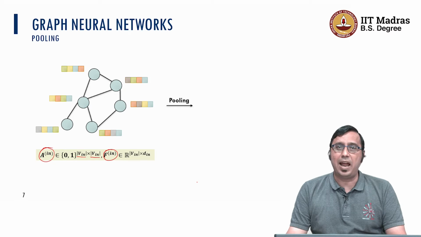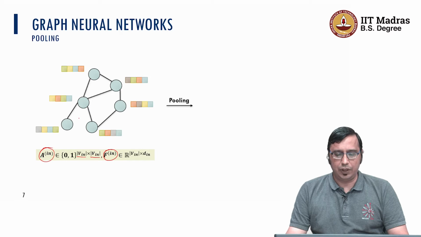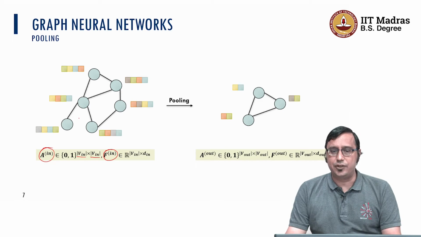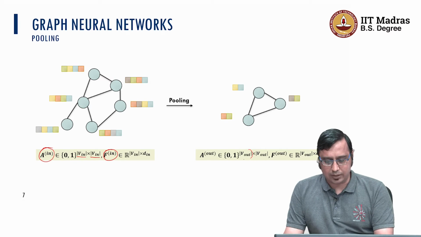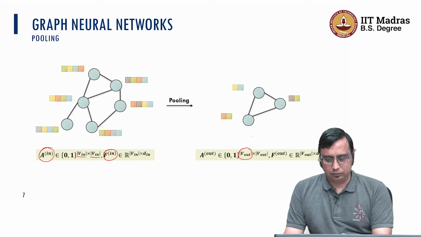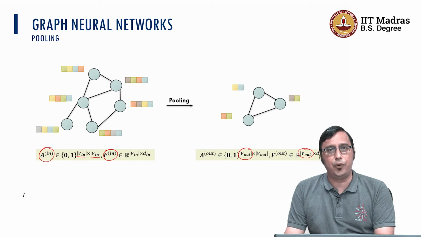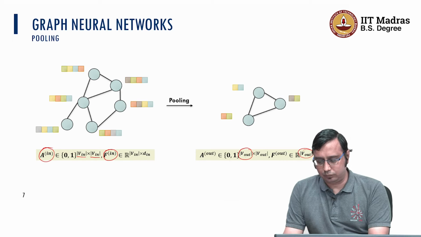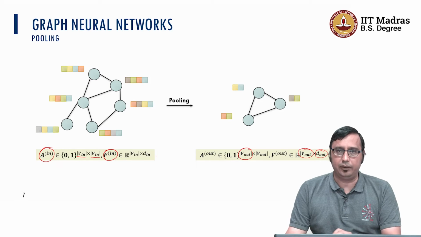Now we are going to apply a pooling operation on this particular graph, and we will see that the pooling operation leads to an output graph with a smaller number of nodes. So the adjacency matrix here will be the cardinality of V out cross the cardinality of V out. F out will be only for those set of nodes, and the number of features D will be different from D in.